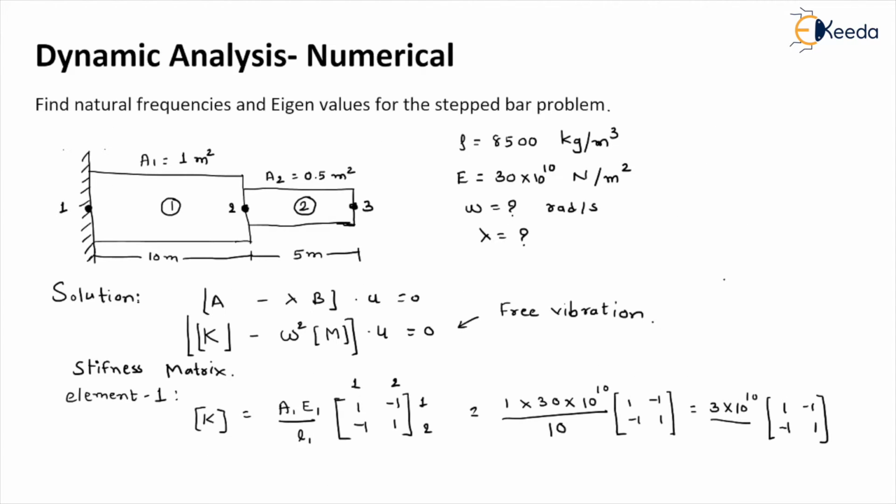So u1 would be here, u2 here, and u3 here.